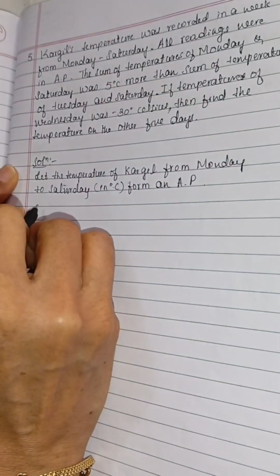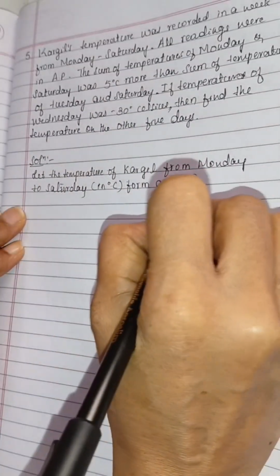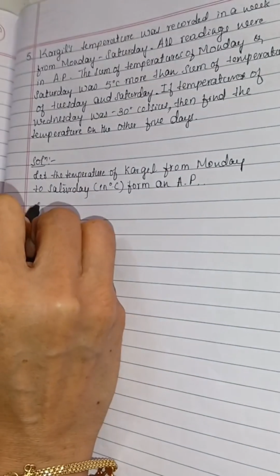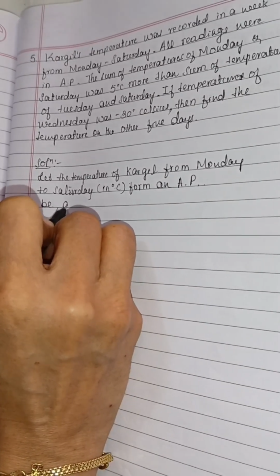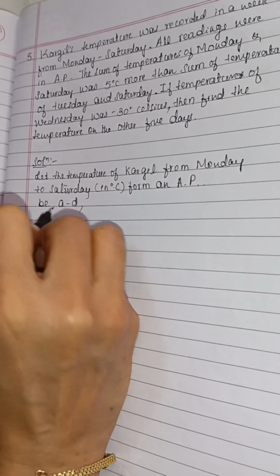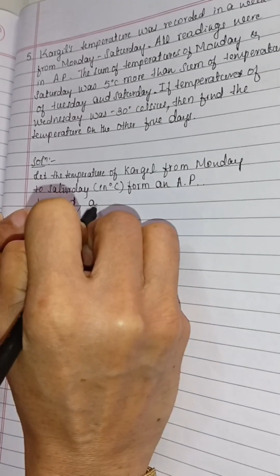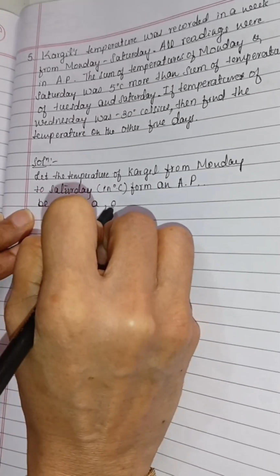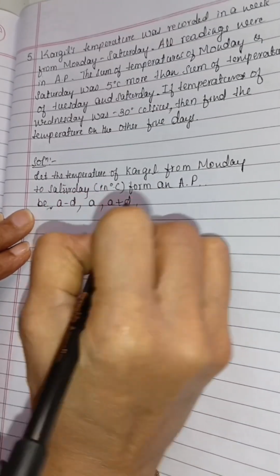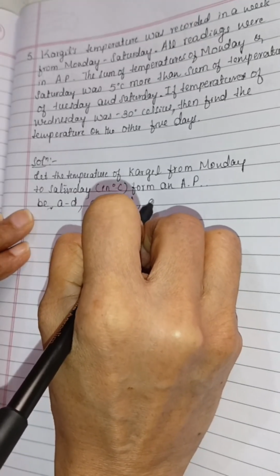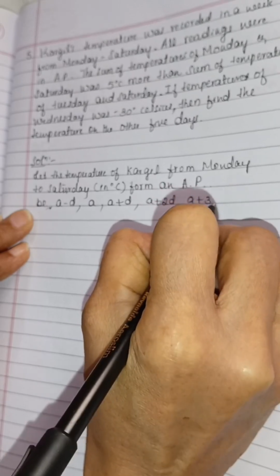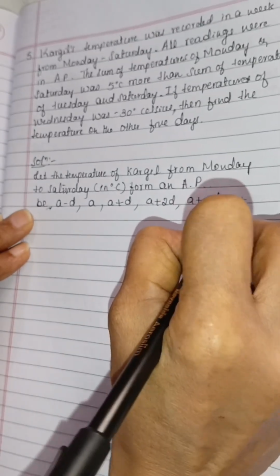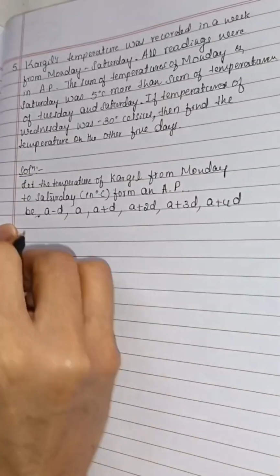Let the temperature be in arithmetic progression. First one a minus d, then a for the second day, then a plus d for the third day, fourth day a plus 2d, and a plus 3d and a plus 4d respectively.